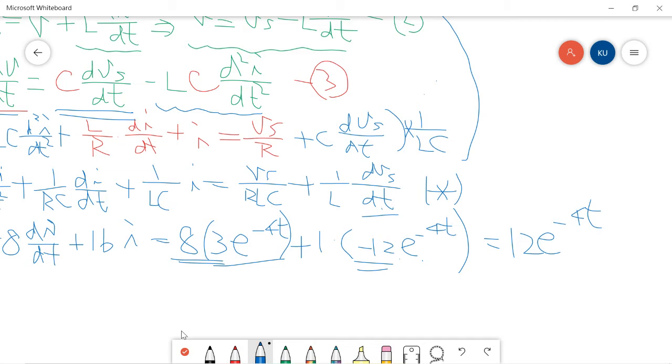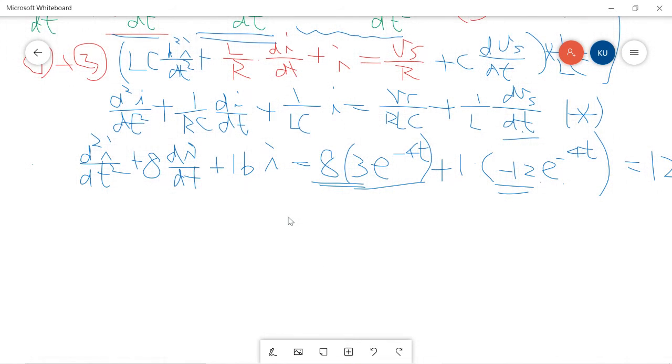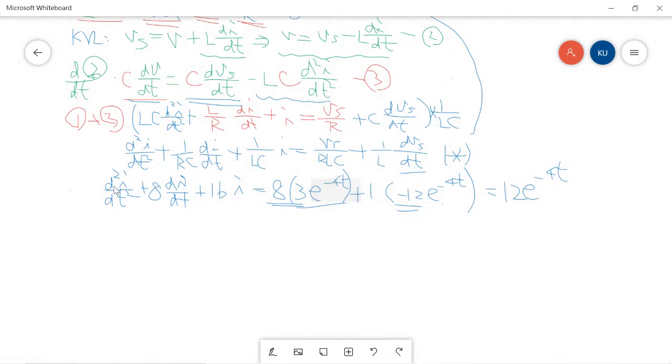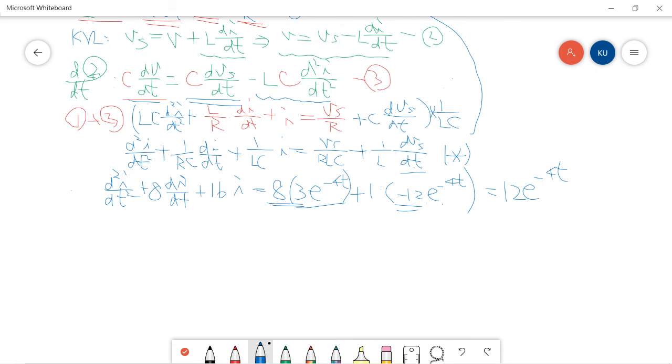Okay, so we will try to solve this second order constant coefficient ODE, and actually we will have the initial condition, which is I of 0 plus, also di dt 0 plus, but we can find it later on.